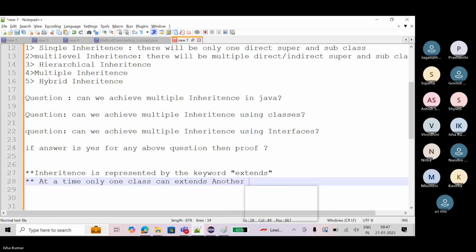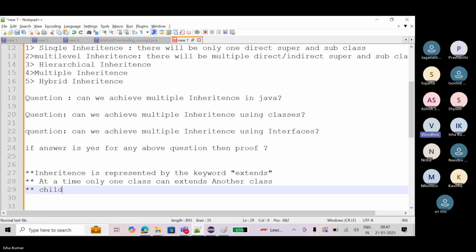Okay? Next point. It is not that class C extends B and A. It is not the case, right, sir?